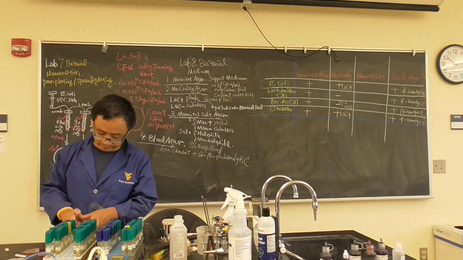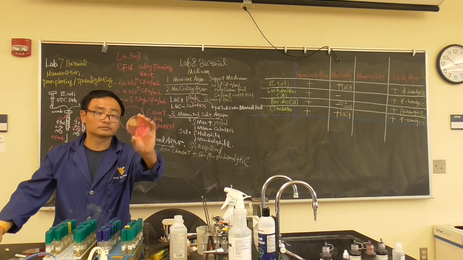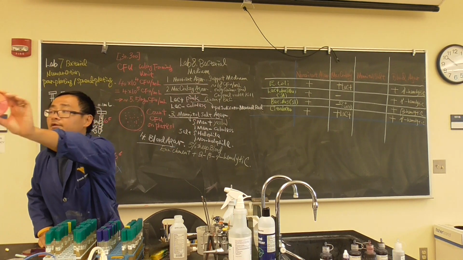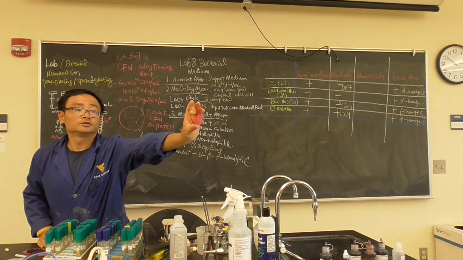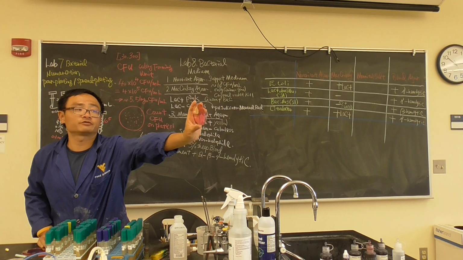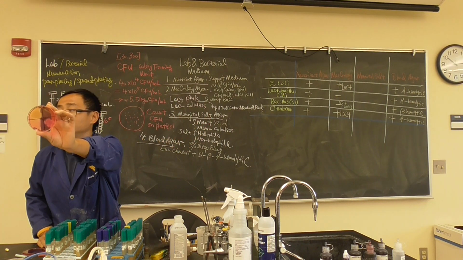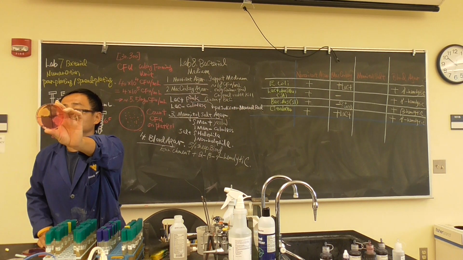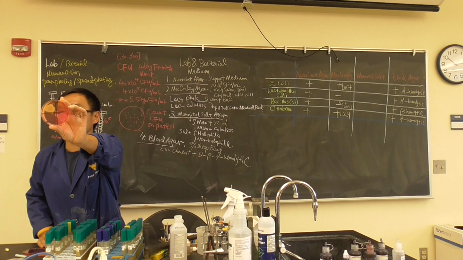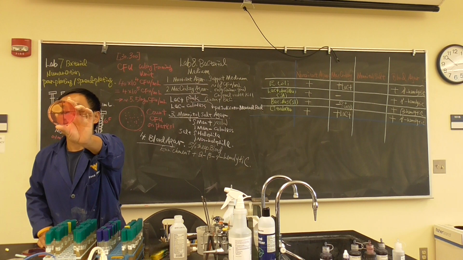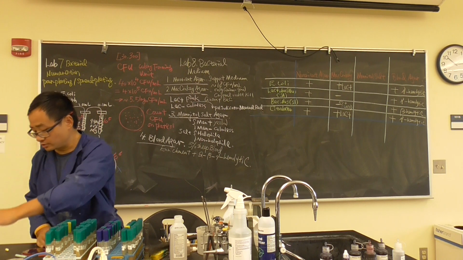Mannitol salt agar. What does it look like? This is from two of our students on the first bench. I think they did really well. Bacillus subtilis is a yellow colony. Lactobacillus is pink. Citrobacter and E. coli didn't grow.